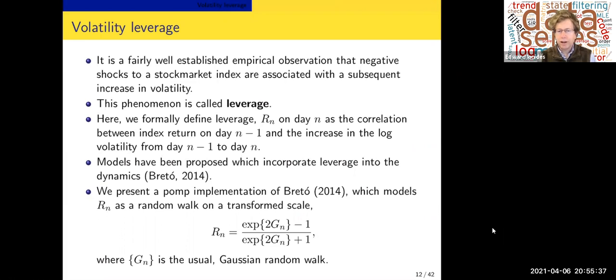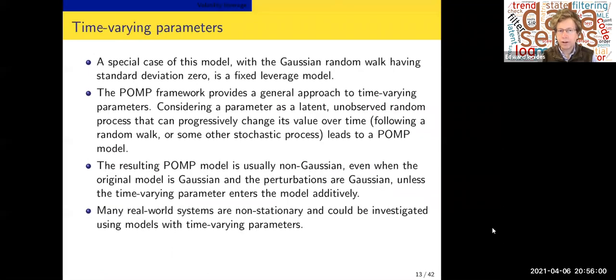In this context, the leverage Rn is modeled as a random walk on this transformed scale. It's a sort of expit transform, and Gn is a Gaussian random walk. We'll see the equations in a little bit.